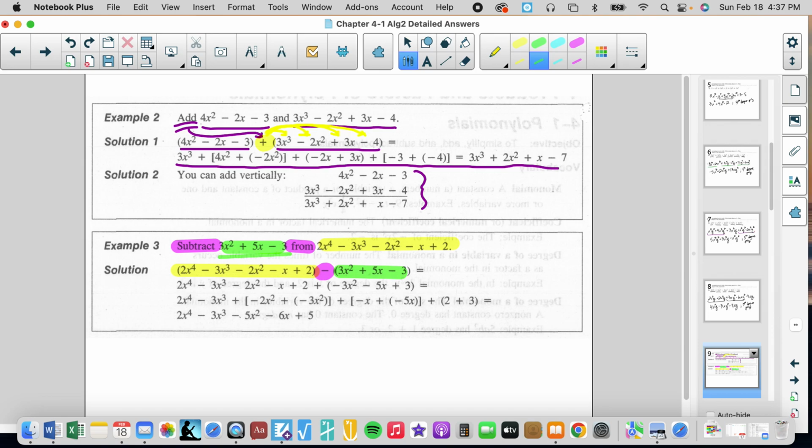That's why the 3x squared plus 5x minus 3 is on the right side. And then, as you see, they distributed that negative, which changed each of the signs inside there. So if we distribute, we notice that each of the signs here have flipped because we're distributing a negative. And then we're combining, and we'll get our final answer.